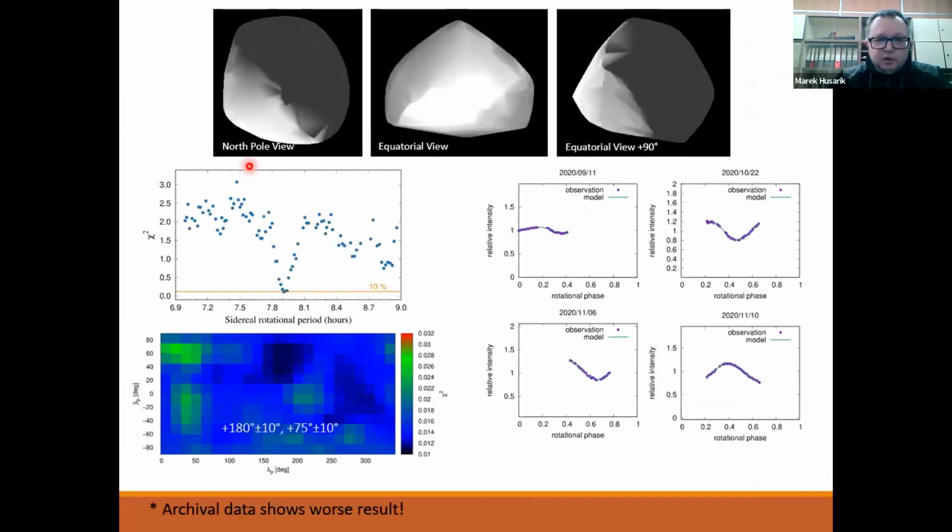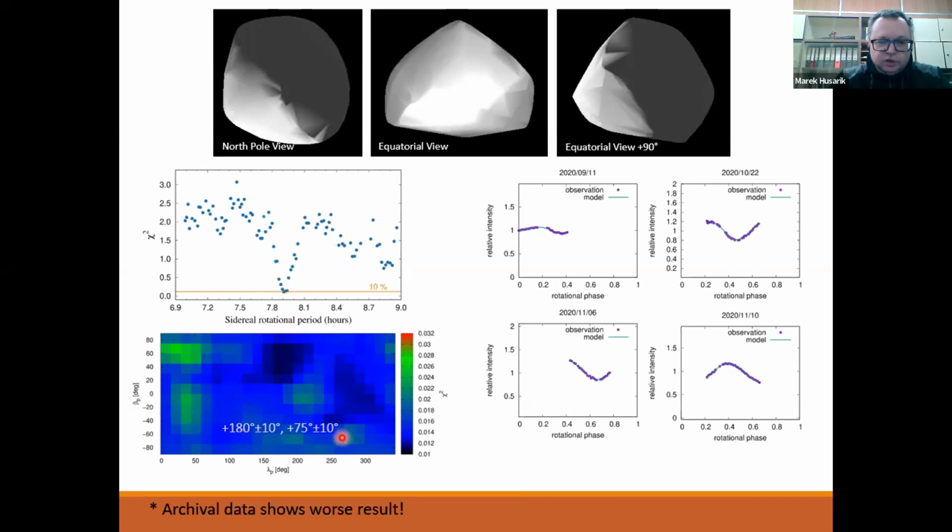Okay, so this model is constructed only from our data, and you can see here a model from 3 views, and here is a computed sidereal rotational period. From this period comes the computation of the spin axis orientation in the sky.